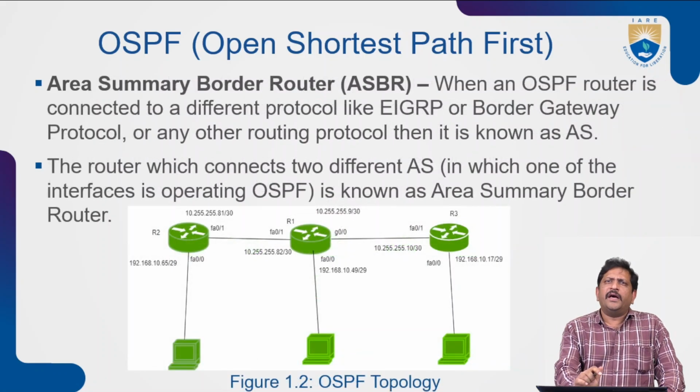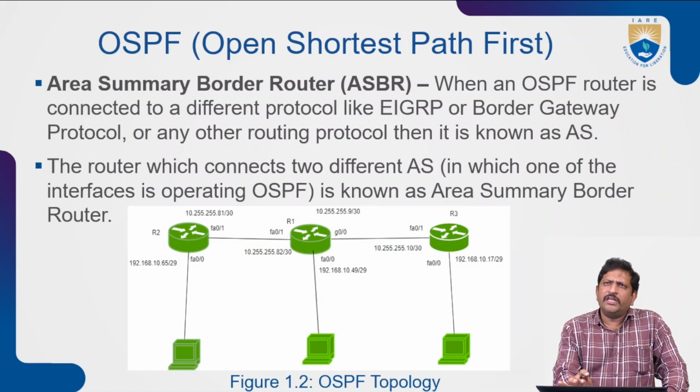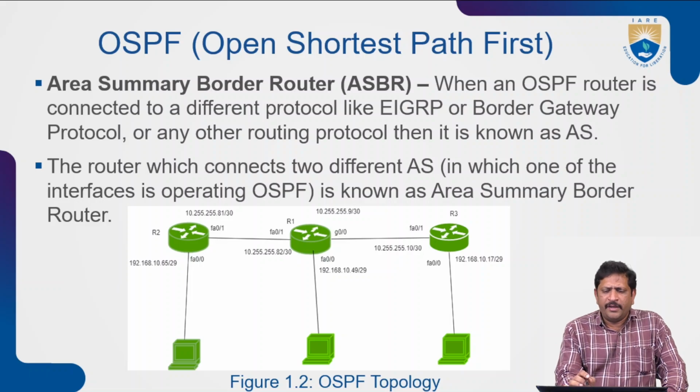Now the autonomous system boundary router, ASBR. ASBR means when an OSPF router is connected to different protocols like EIGRP, Border Gateway Protocol or any other routing protocols, then it is known as an ASBR.